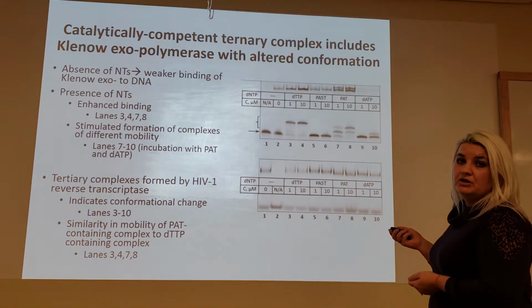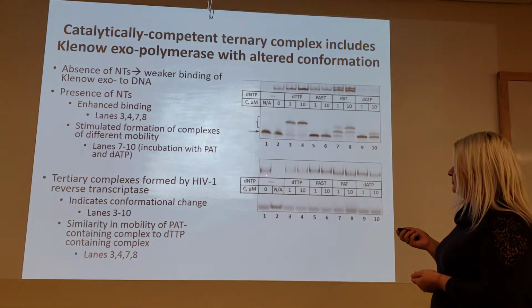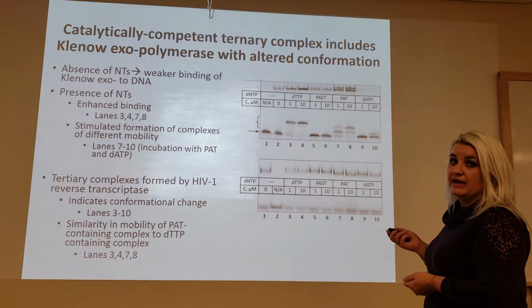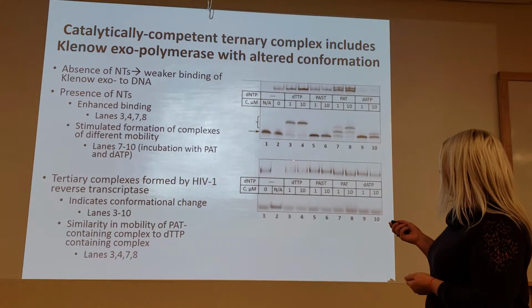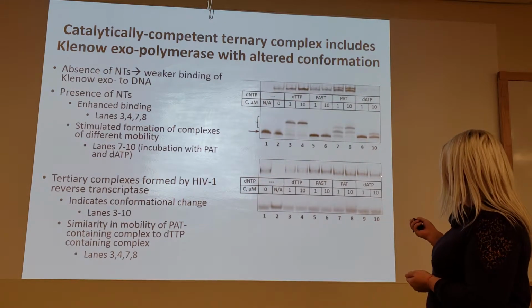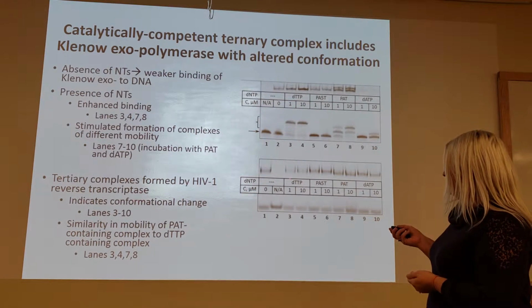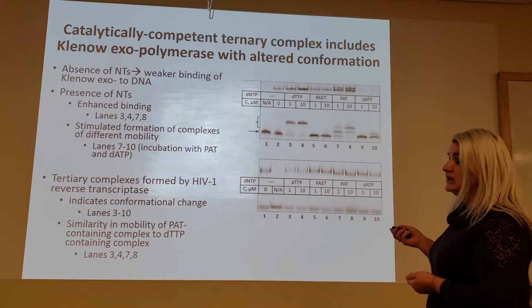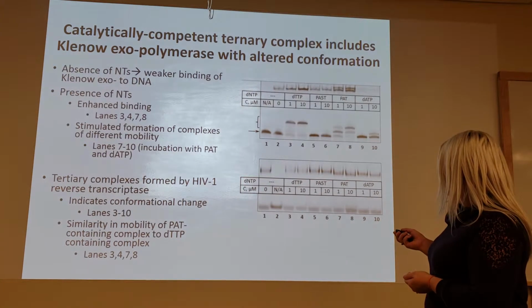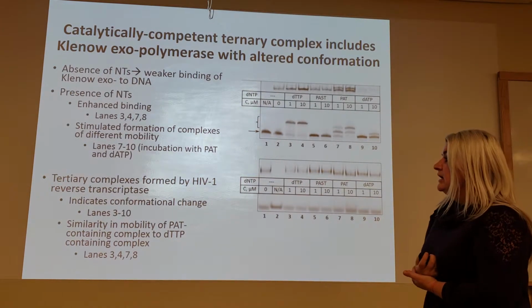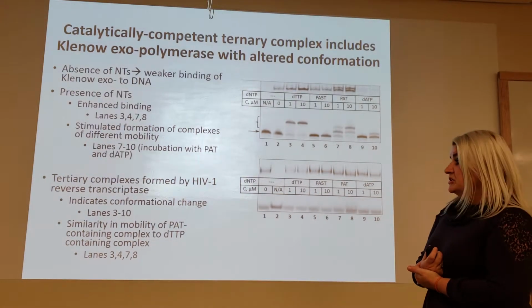So in lane 1, you're going to have your standard right here. So there's going to be a band because that's just your nucleotide. However, lanes 3 through 10 is the nucleotide triphosphates and then your analog bases. So that does show that there is a conformational change.